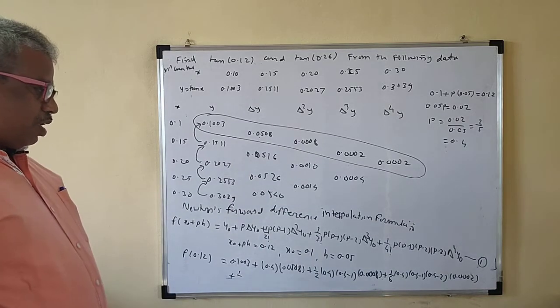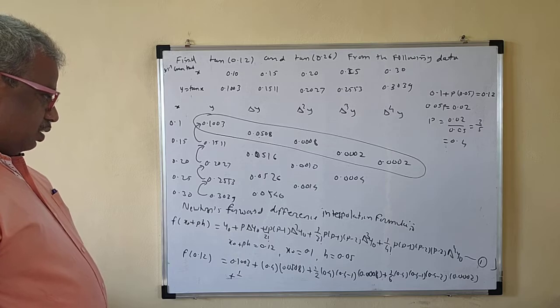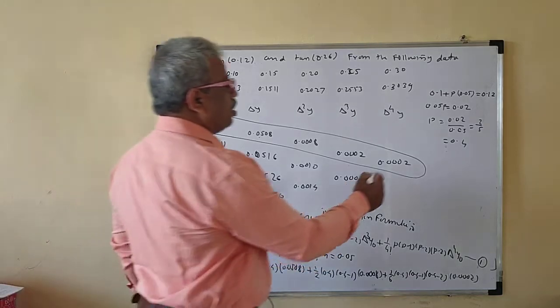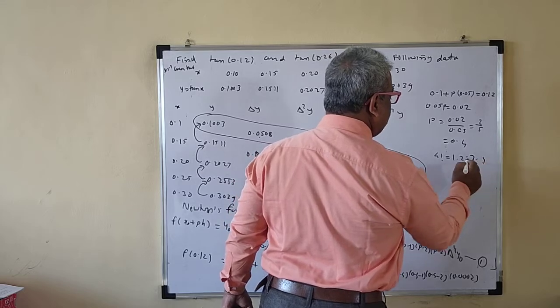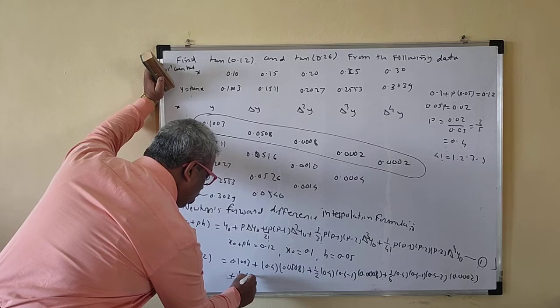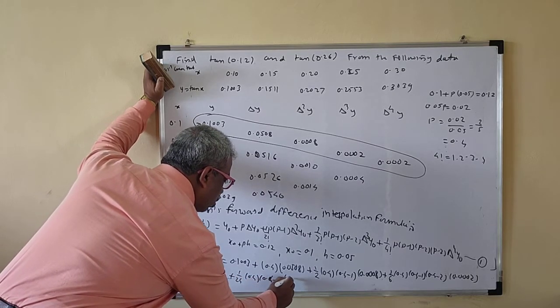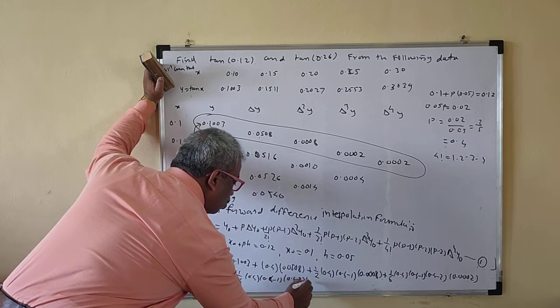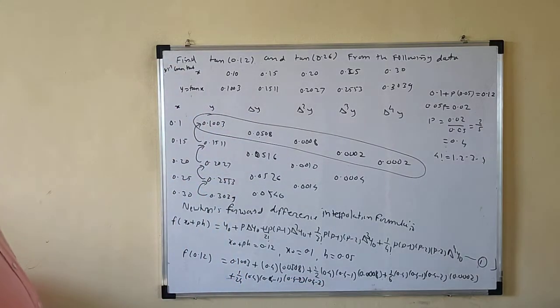Easily you can find it: 4 factorial is 1, 2, 3, 4, so 24. So this is 1 upon 24, 0.4 minus 1, 0.4 minus 2, 0.4 minus 3.